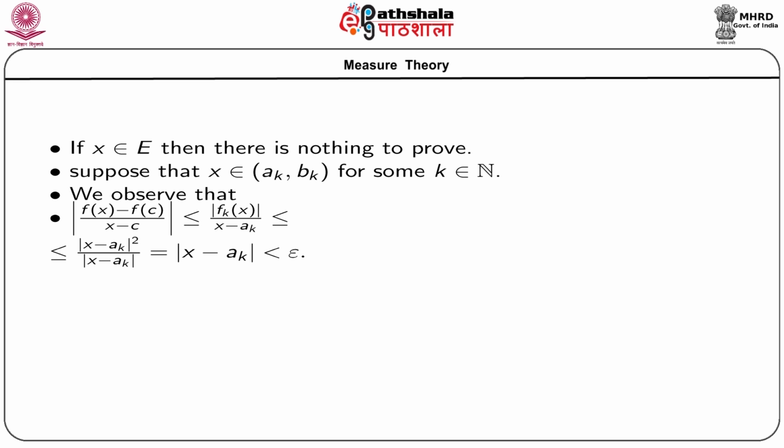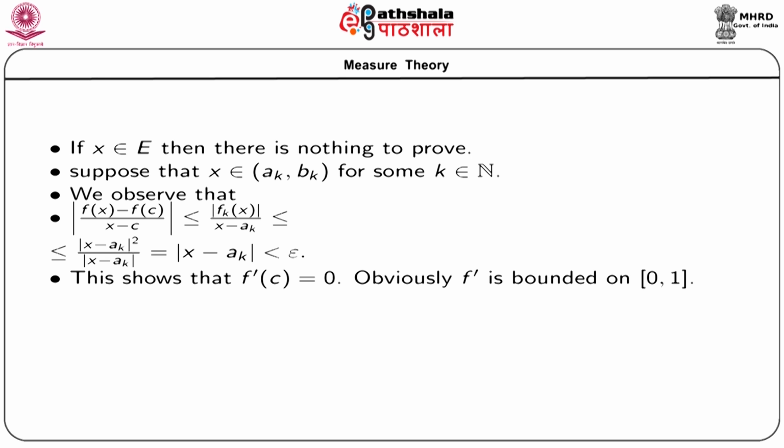So, the right hand side quotient is equal to |x - a_k|, and this is less than epsilon. This shows that f'(c) is equal to 0.